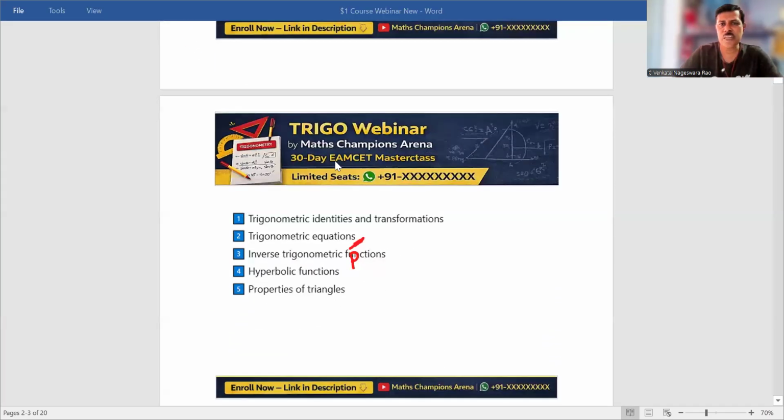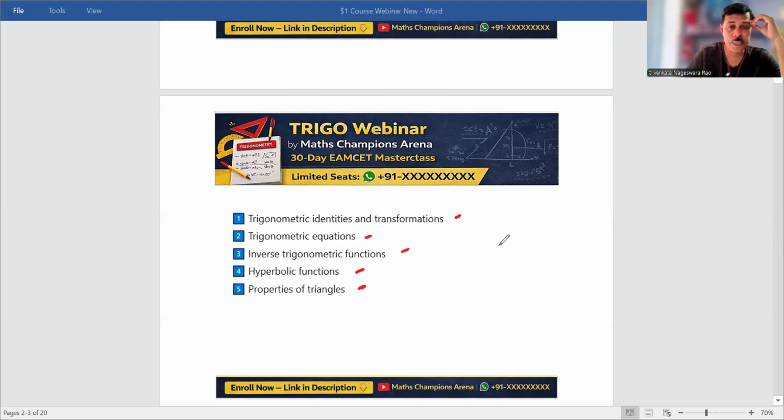Now let us go to the next part. What are the different topics we need to understand in our examination pattern? We have trigonometric identities and transformations, trigonometric equations, inverse trigonometric functions, and hyperbolic functions. I'm not writing this on my own.